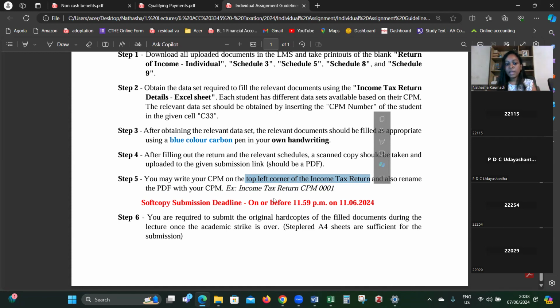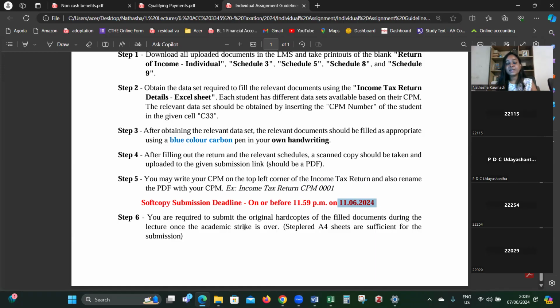When uploading, please rename your PDF with your CPM number, right? If not, we can't give you marks. What is the deadline? The deadline to upload is 11th June 2024, before 11:59 p.m. And that is the soft copy submission.